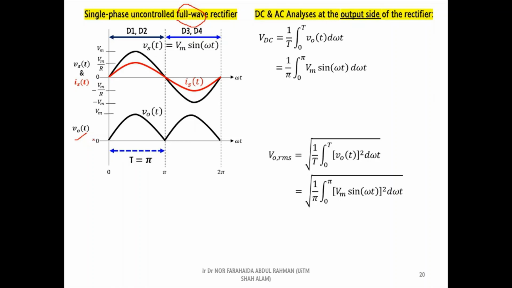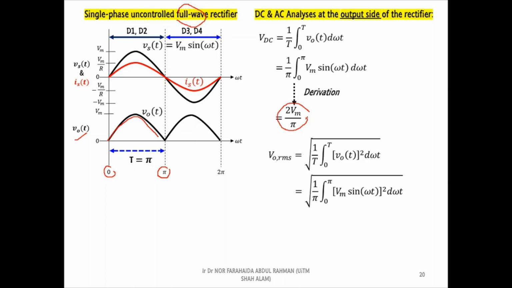Moreover, according to the wave shape, we can also set the range of the integral in both equations as 0 and pi. By completing the derivation, we can see that the average output voltage of the full-wave rectifier is equal to Vm per pi.